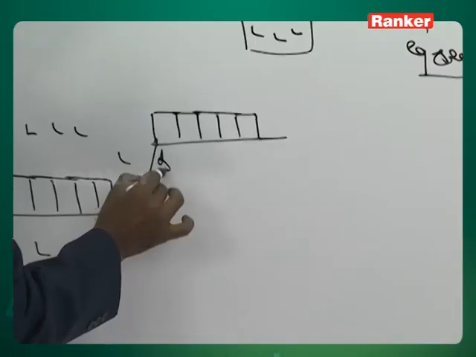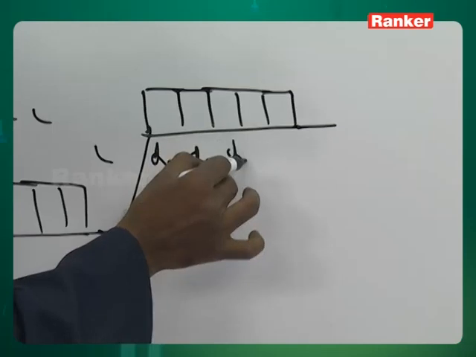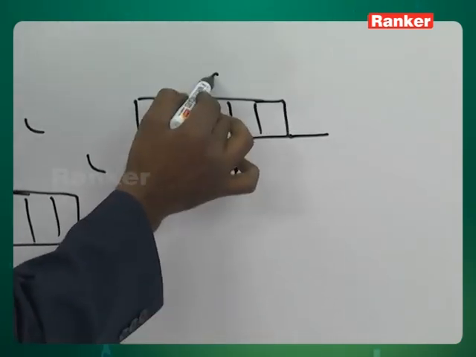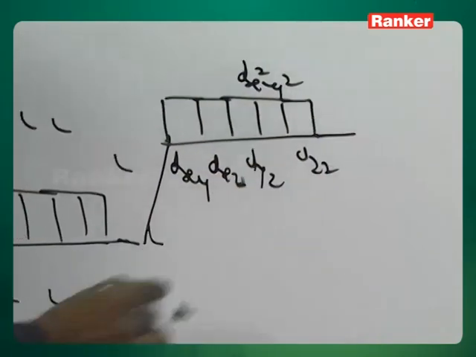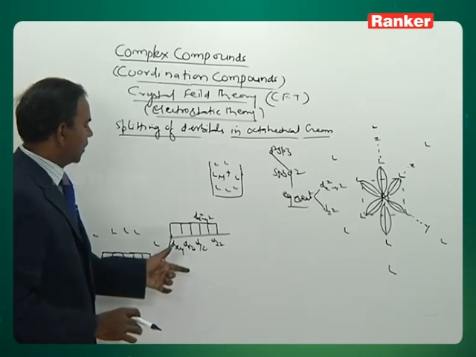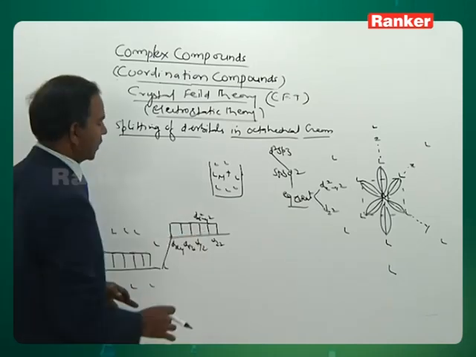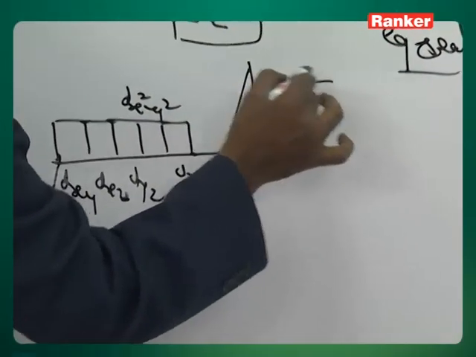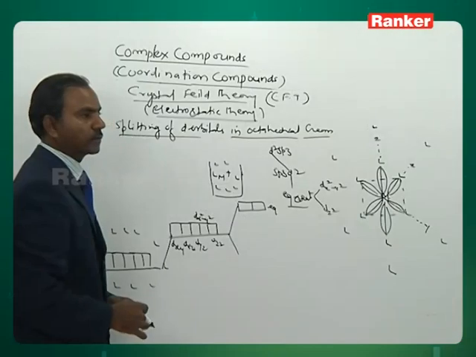This is dxy, dxz, dyz, this is dx square minus y square and this is dz square. These are the 5 d orbitals. The eg set of orbitals experience greater repulsion, therefore their energy is increased.